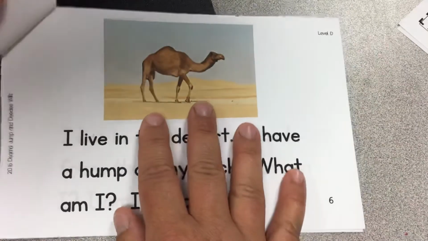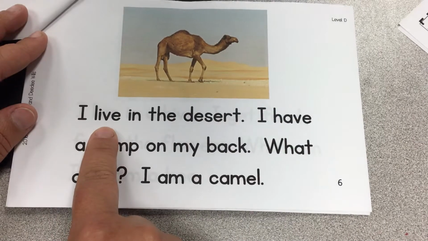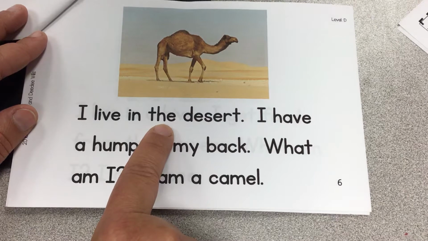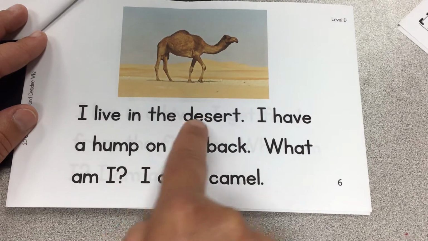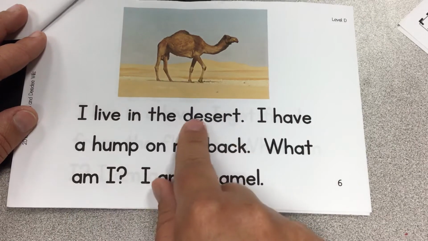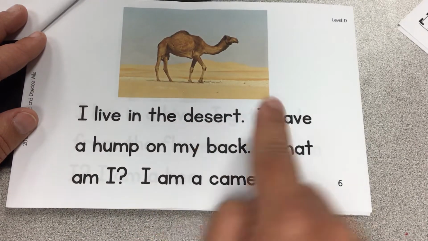Page 6, excuse me. I live in the, ooh, that's a long word there. I live in the, what in my picture? Desert. We use those pictures for clues. Desert.